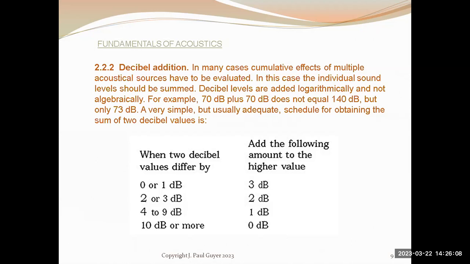Well, you can go through the arithmetic and calculate the sum of adding 2 decibels together. But let me tell you right up front that in building design, this is something that you're almost never going to have to worry about, adding decibel levels together.